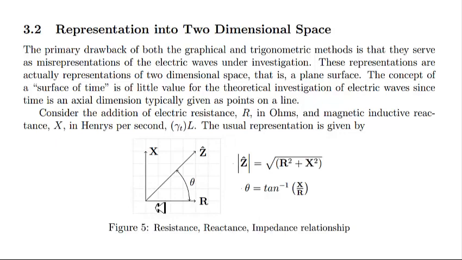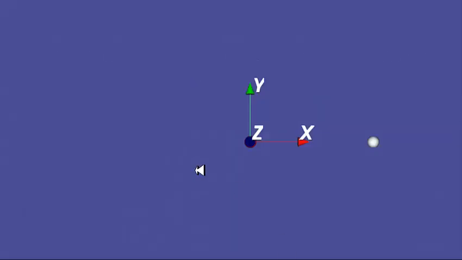So the resistance is on the positive X. So positive X goes to the right and positive Y goes up. And so positive X is the positive real axis, and the positive Y is the positive imaginary direction. And so that's how I've set up my software.